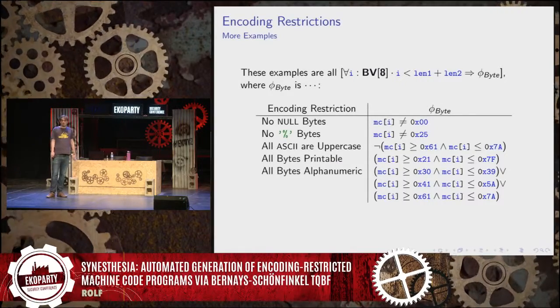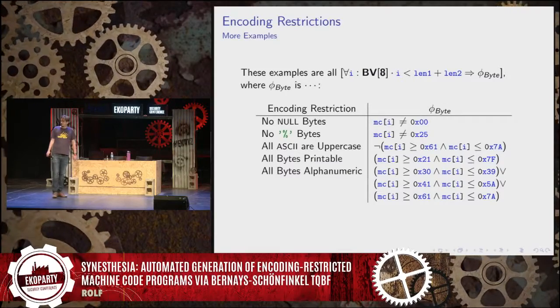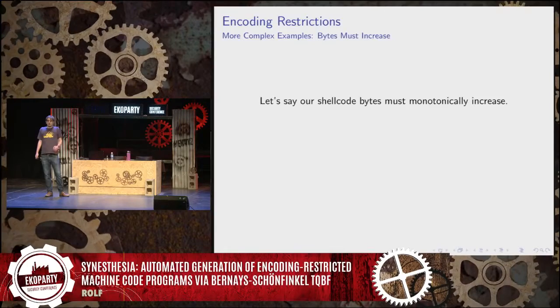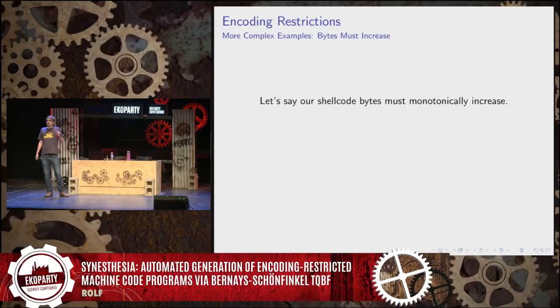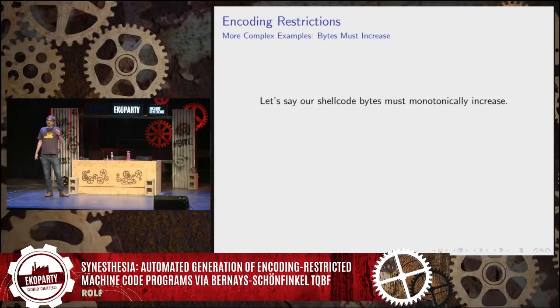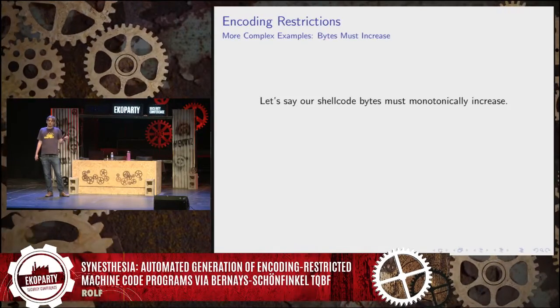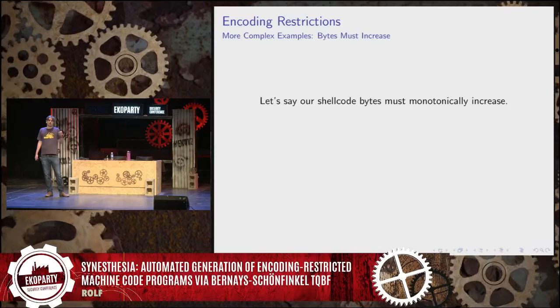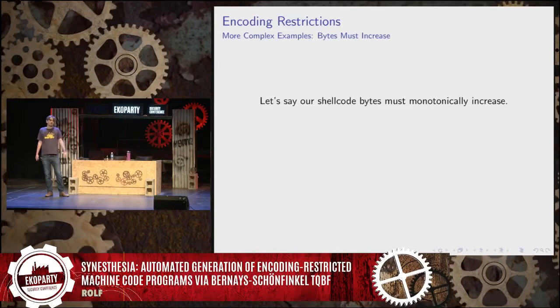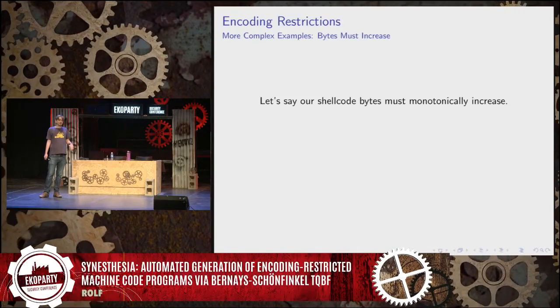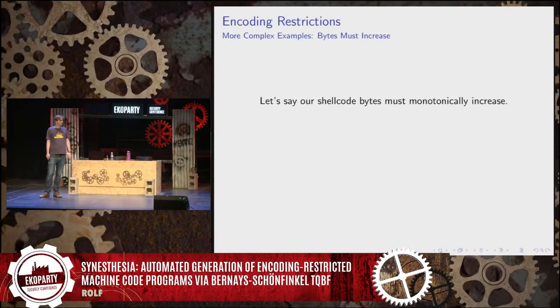So let me give some more complex examples now to get your mind flowing on this. So let's say that I want my shellcode to be such that every byte must be at least as large as the previous byte. So if the first byte is 0, 1, for example, then the second byte can't be 0, 0, it must be 0, 1 or something bigger than it.